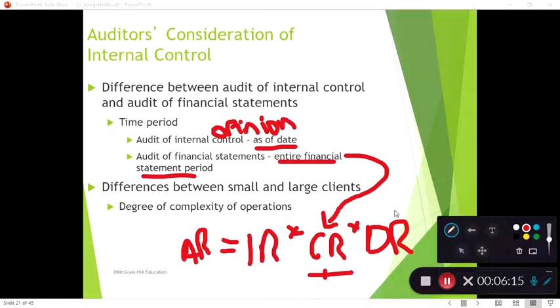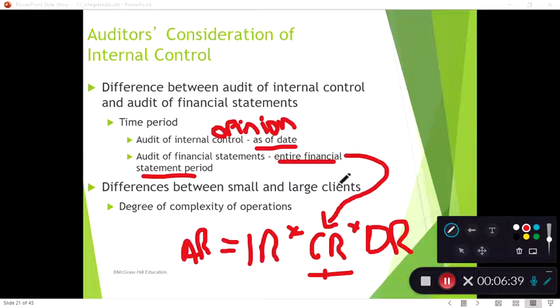So you're kind of like, okay, how does that make a difference? Well, if you find something throughout the year in terms of a control problem, and if the company fixes it before the opinion date, then it doesn't necessarily need to be included in the opinion, and you feel good about it as an auditor.